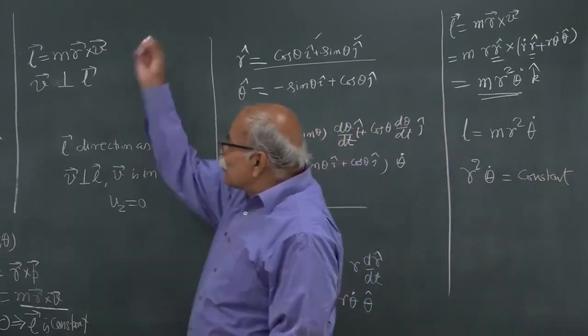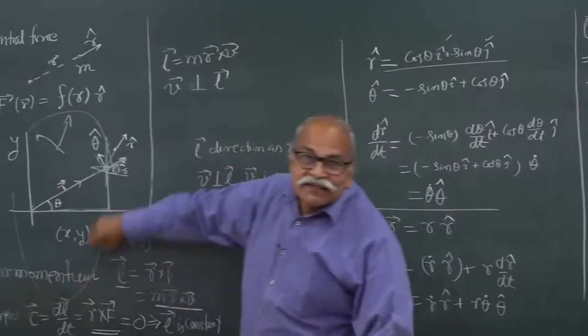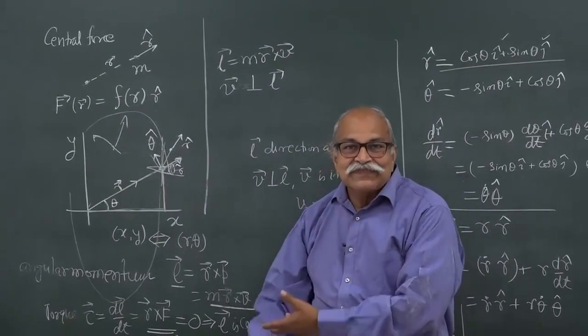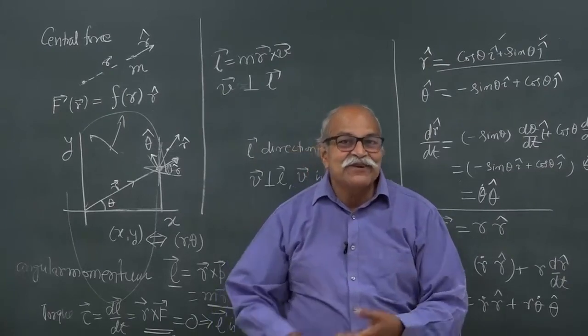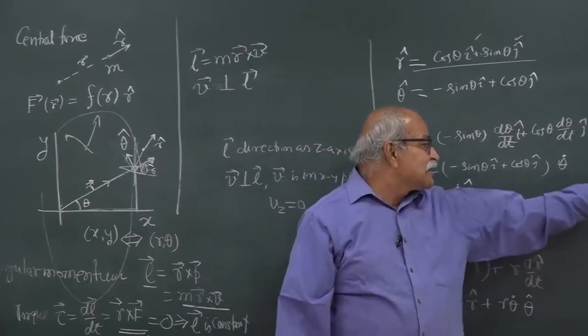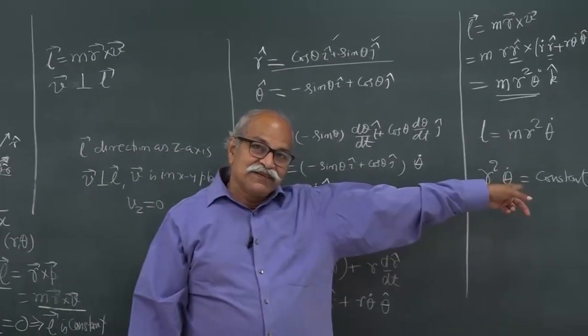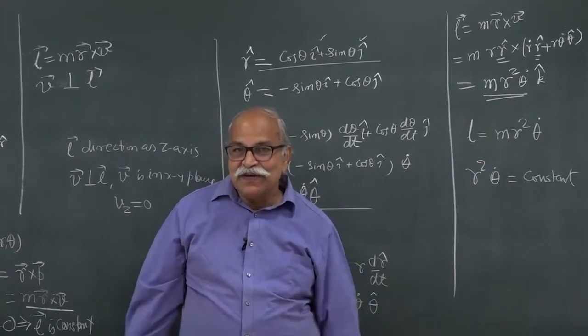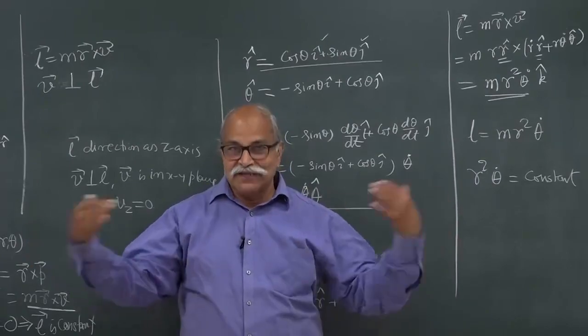This particle may go somewhere in this plane, r is changing, theta is changing, theta dot is changing, but r square theta dot must remain constant. We will take it from here, we will talk much more about central forces.